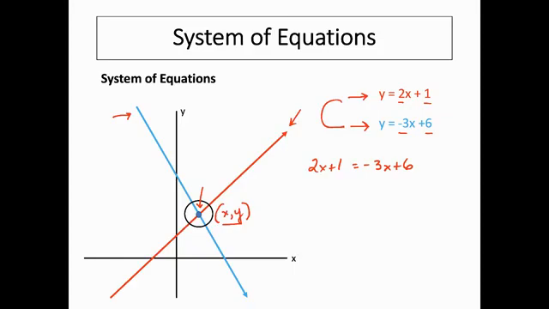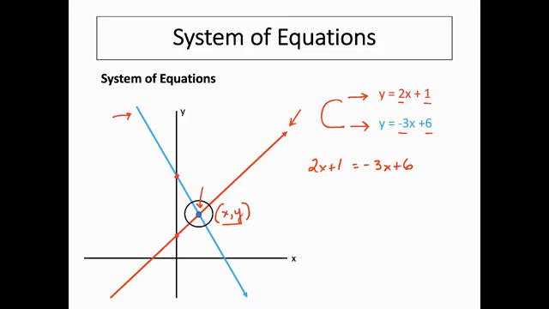Again, just to show you how this maps visually, the first line starts, the intercept starts at 1, and then it goes up 2 over 1 for the slope. The second line starts way up at 6, but it descends from there pretty rapidly. It goes down 3 for every 1 over, hence a negative slope.